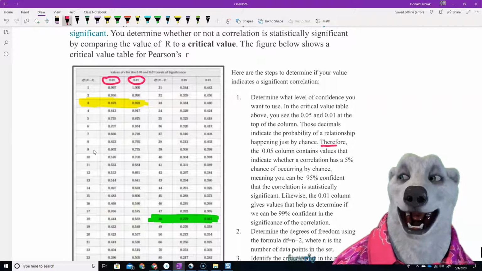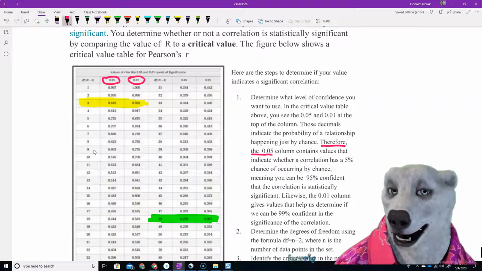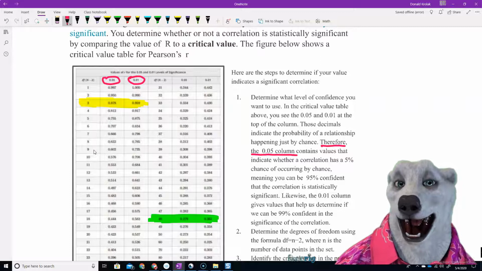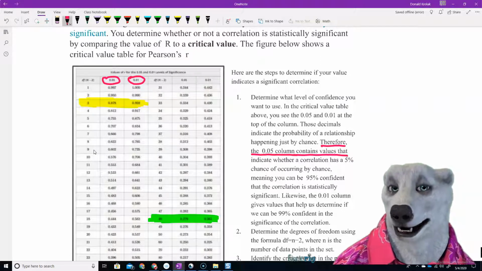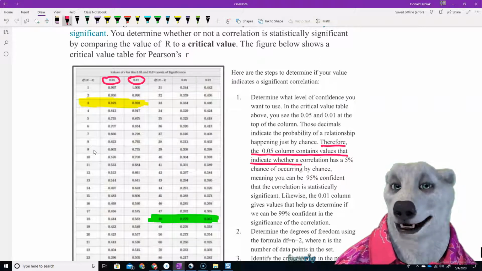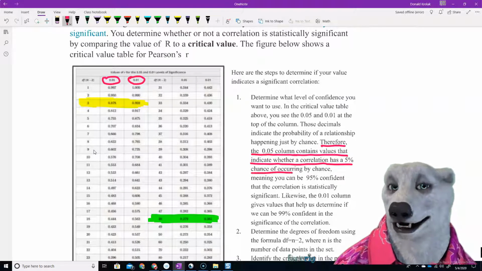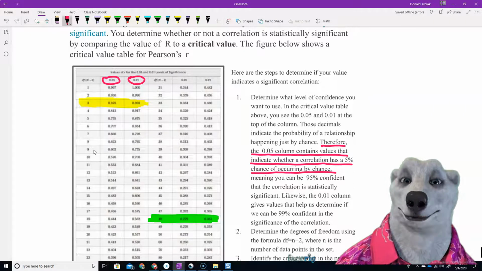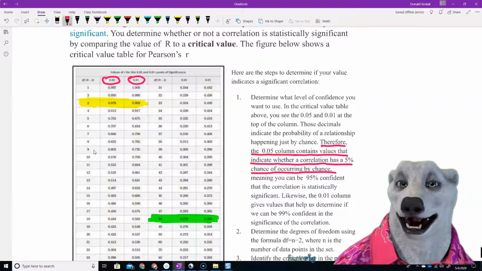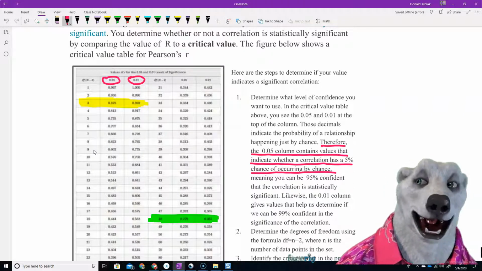If a column is 0.05, it contains the values that indicate whether a correlation has a 5% chance of occurring randomly or by chance.